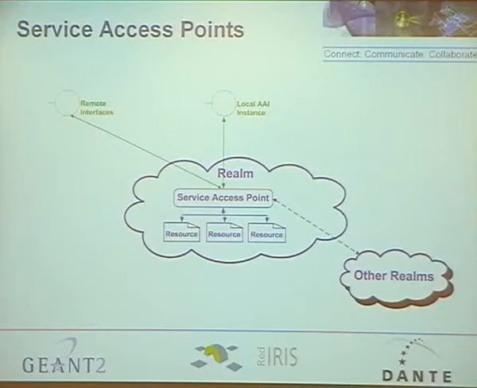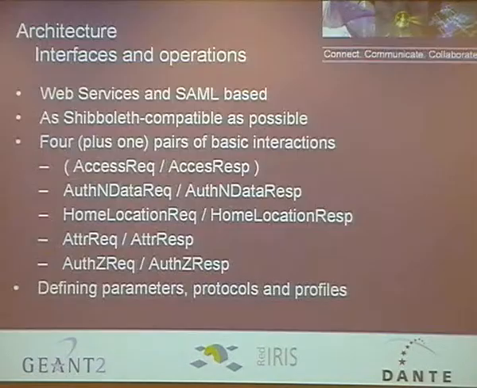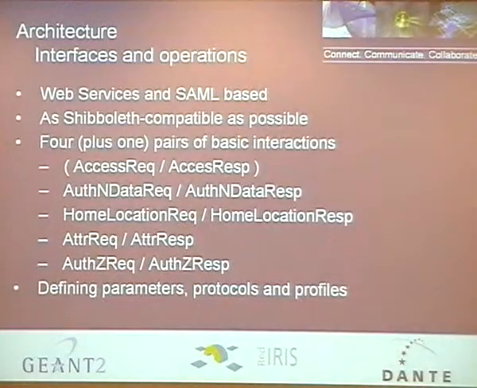For example, a grid resource can be calculating whether there is enough computing power as requested, or a bandwidth allocation system can be calculating whether it is possible to allocate the requested bandwidth at that moment. Well, the characteristics of the architecture with respect to interface and operations: it's based on web services, and it's going to be based on SAML 1.1 for the moment.